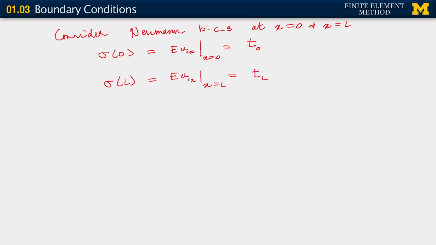Now you observe that this poses a certain problem because if we had these two conditions, our problem would be one of finding a displacement field which, in addition to satisfying these two boundary conditions, also of course needs to satisfy the differential equation.